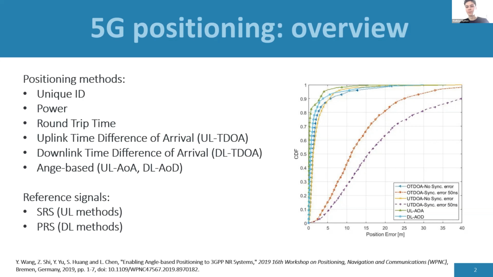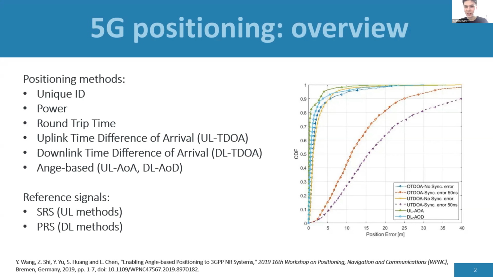To find the location of the user by time, we have to provide very accurate clocks on every receiver, which is very expensive.